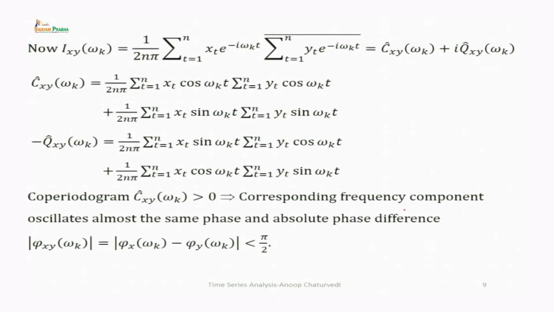Then the co-periodogram ĉ_xy(ω_k) greater than 0 implies that the corresponding frequency component oscillates with almost the same phase, with a small absolute phase difference. That means when |φ_xy(ω_k)|, which is equal to |φ_x(ω_k) minus φ_y(ω_k)|, is less than π by 2.